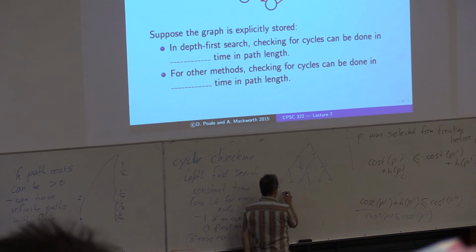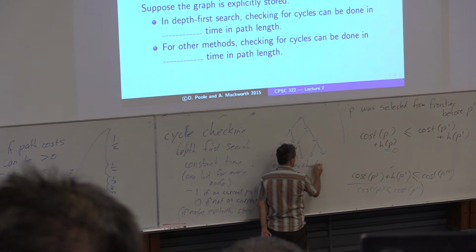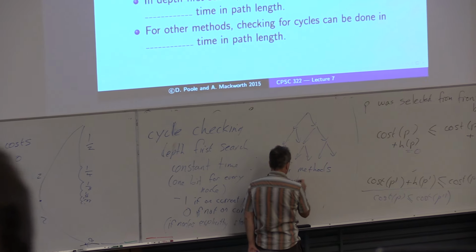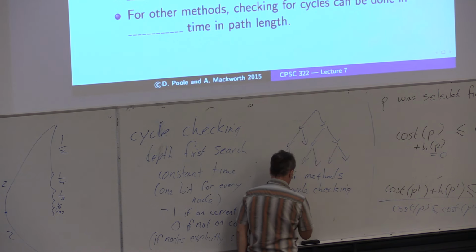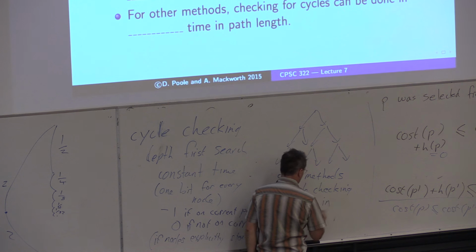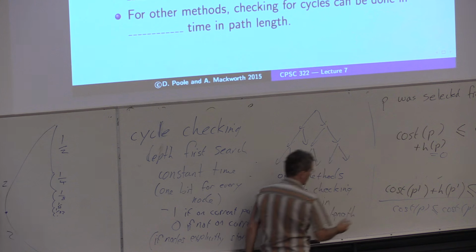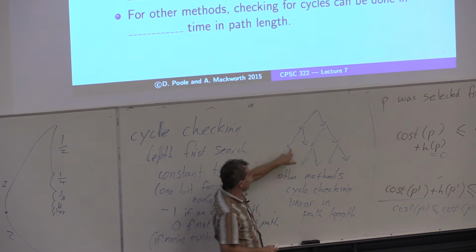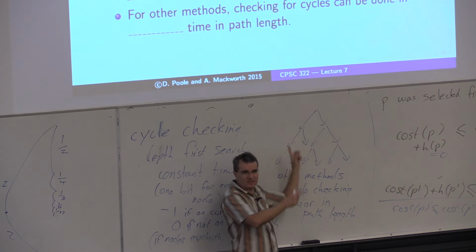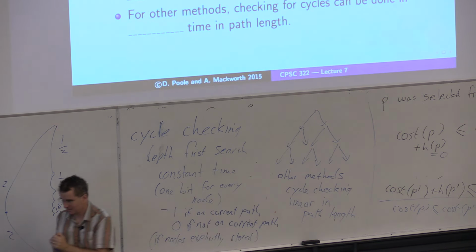So for other methods, cycle checking is linear in path length. You can't do better. You can imagine having some data structure to test this set, but when you split the path, you have to mess up the set. So it requires linear time.